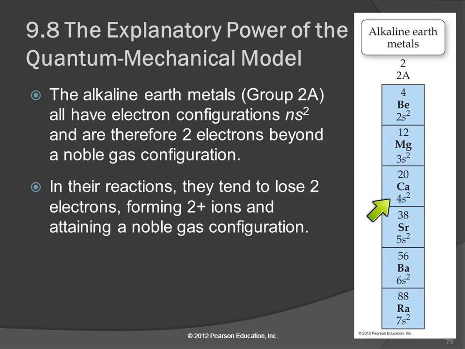So beryllium, magnesium, these guys, the alkaline earth metals, group 2A, they all have 2 valence electrons. Let's look at strontium. What's the noble gas configuration shorthand for strontium? It'd be krypton with 5s2, right?